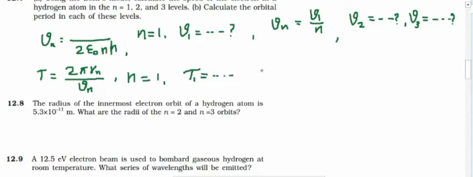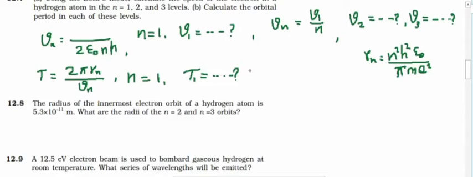Rn is equal to n square h square epsilon naught divided by pi m e square. So in this formula for time period, substitute the value of Rn and Vn, simplify, then substitute n is equal to 1, then find the value of T1.